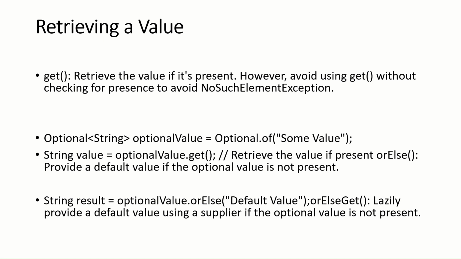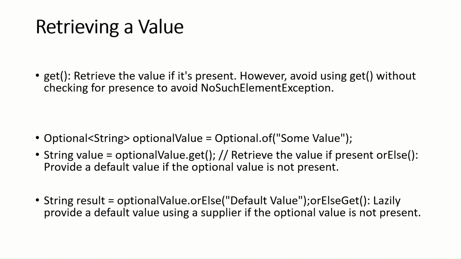Now let me go to the next slide and discuss how we can retrieve the values from an optional variable. The get method retrieves the value if it is present. However, avoid using get without checking for presence to avoid NoSuchElementException. So make sure that only when the optional variable contains a value, you go and use the get. Otherwise, if it is not containing any value, it is empty or null, then it will throw you NoSuchElementException.